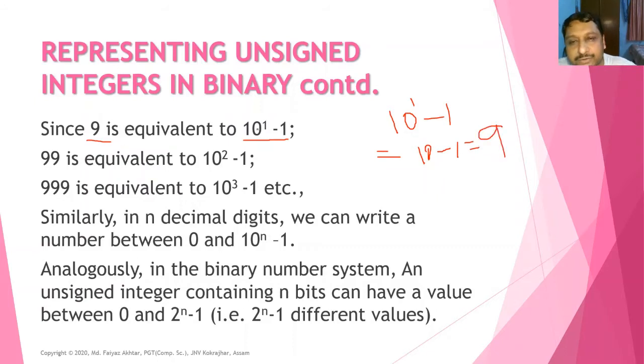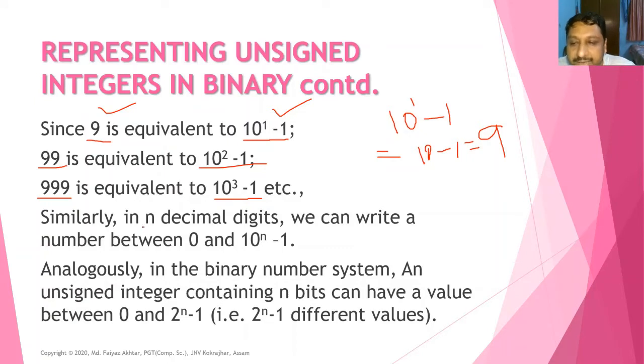So 9 can be written like this. Similarly, 99 can be written as 10 to the power 2 minus 1, and 999 can be written as 10 to the power 3 minus 1, and so on.